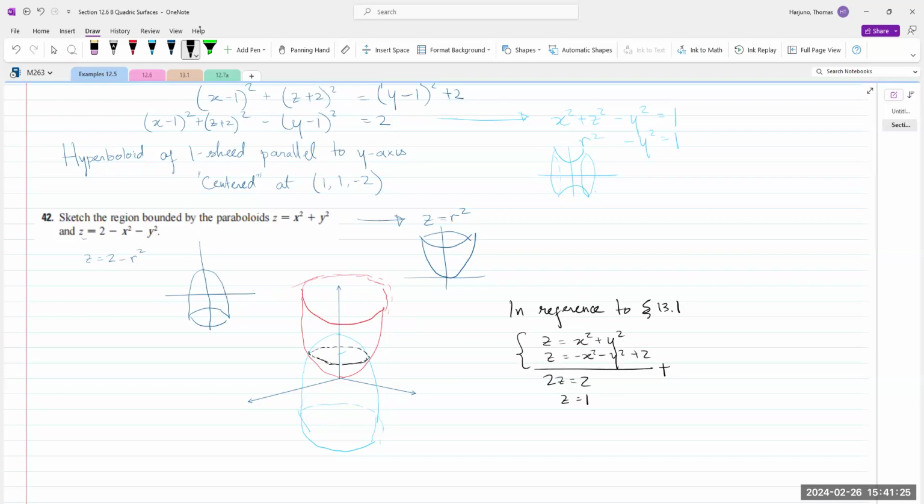Okay, so whatever the intersection is, it will be at z equals 1. Now I plug that into either one of the equations. Let's say the first equation.